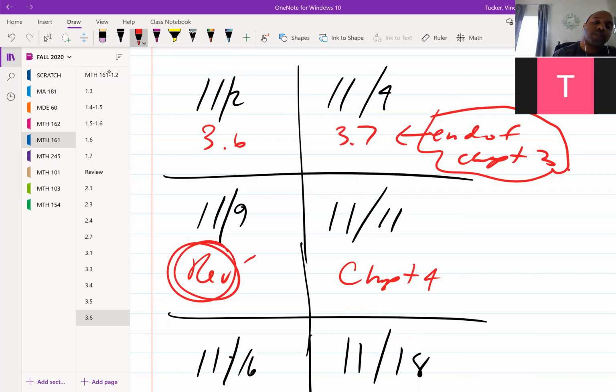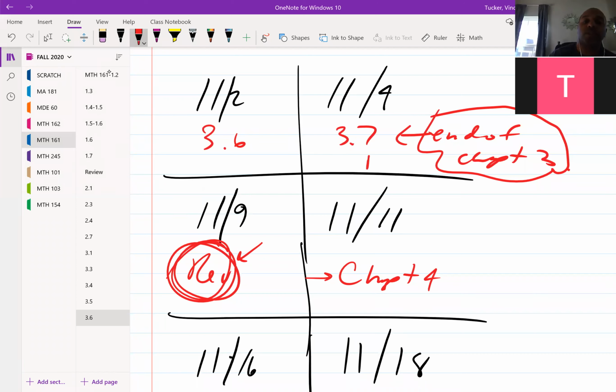If these questions overflow the class and we need another class to answer questions, then we can do that. But if not, that will be an open class for you to ask whatever you want. And if we don't have enough questions, then I'll assume everybody's okay, and then I'll roll on to chapter 4. So once again, November 9th will be the opportunity for you guys to ask whatever questions.